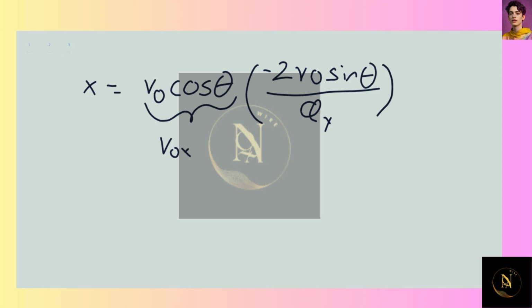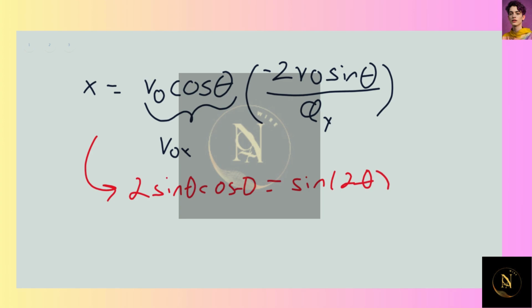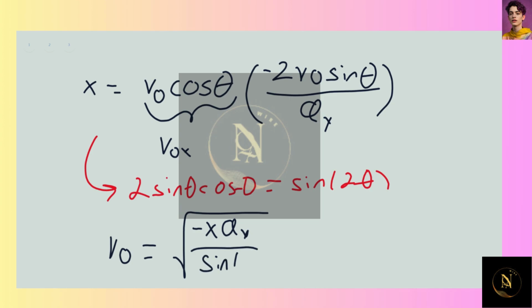Not necessary, but you can make the problem a little bit more simple by using a trig identity, which is that 2 sine theta cos theta is equal to sine of 2 theta. Now we're going to use that identity, and we're going to rearrange the equation above to solve for v0. And we're going to get that it's equal to the square root of negative x times a_y over the sine of 2 theta.